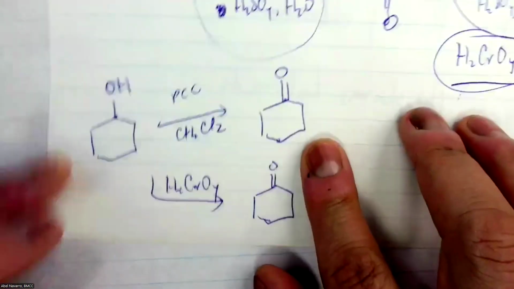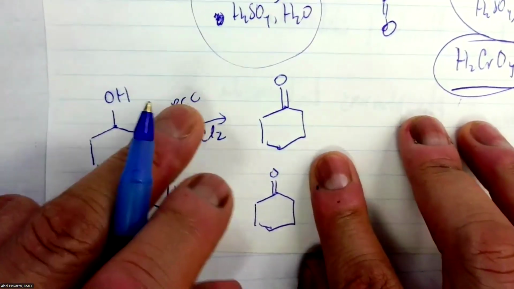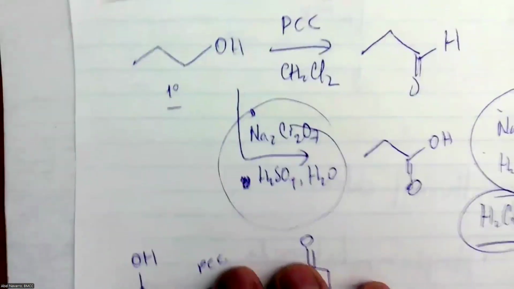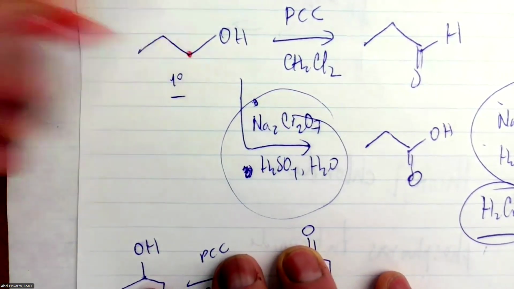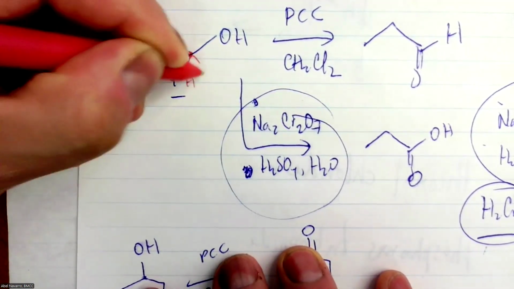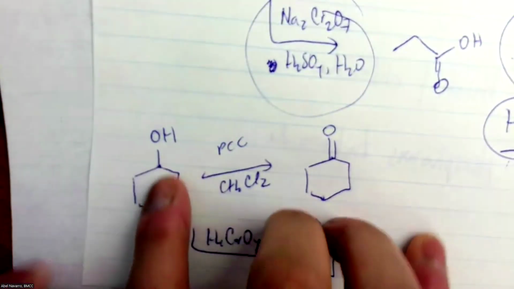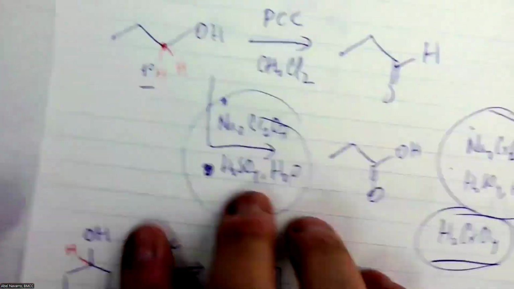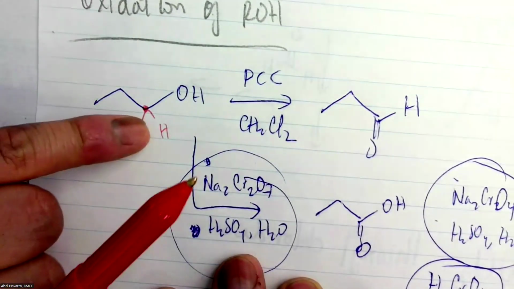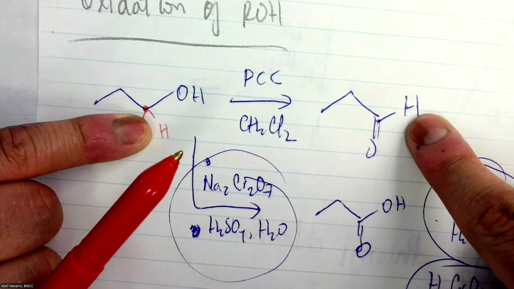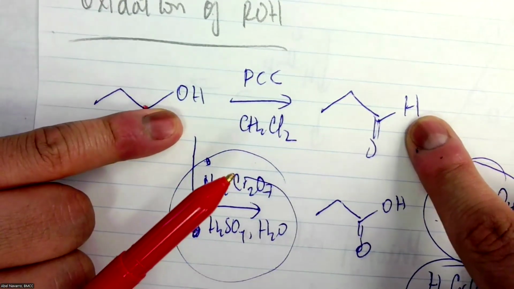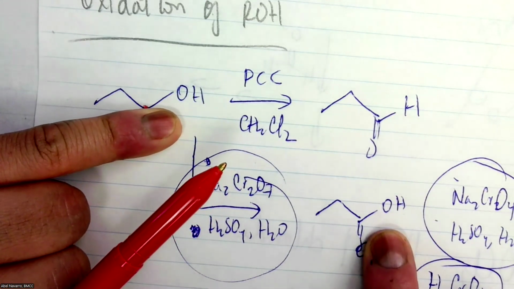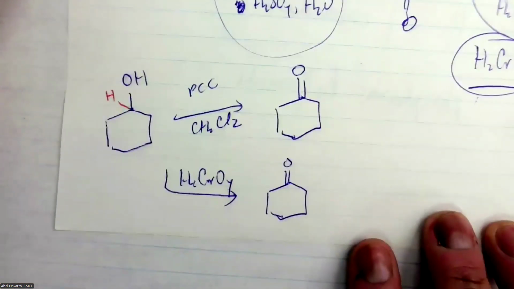Professor, why is that? Why are secondary alcohols oxidized the same way, with no partial and total, while in primary there is partial and total? The reason is because the carbon here has two hydrogens. The carbon here only has one hydrogen. So if you lose one hydrogen, you have the partial oxidation. If you lose the two hydrogens, you have the total oxidation. What happens in a secondary alcohol?